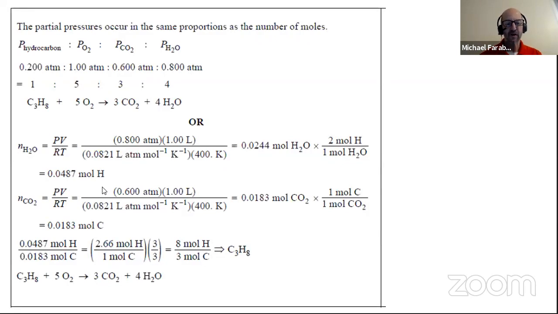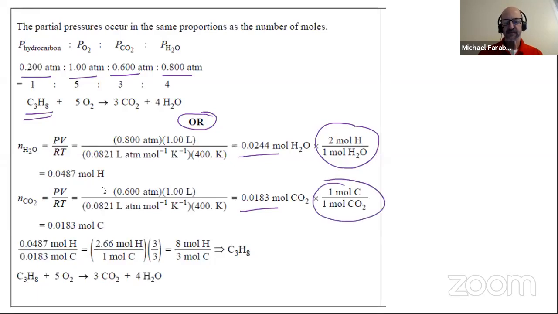So one way that they talk about this, there's 2 different solutions, is that the partial pressures, as I mentioned, are in proportion to the coefficients and the number of moles in the balanced equation. Or, and this is kind of a different approach that I did not show you, but they went ahead and calculated the number of moles of water and the number of moles of CO2 like we did earlier, and then they converted them into moles of H and moles of C. Now, when they did that, they then compared the moles of H and the moles of C, and they were able to get a 8:3 ratio based on this comparison.